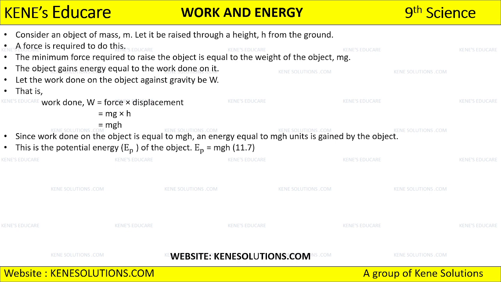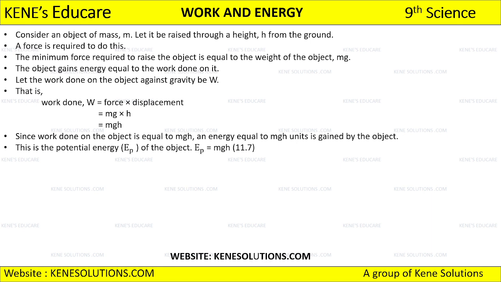So the minimum force required to raise the object is equal to the weight of the object. Okay, what I said? The minimum force required to raise the object is equal to the weight of the object, that is mg. So force is equal to mass into acceleration due to gravity, that is g.